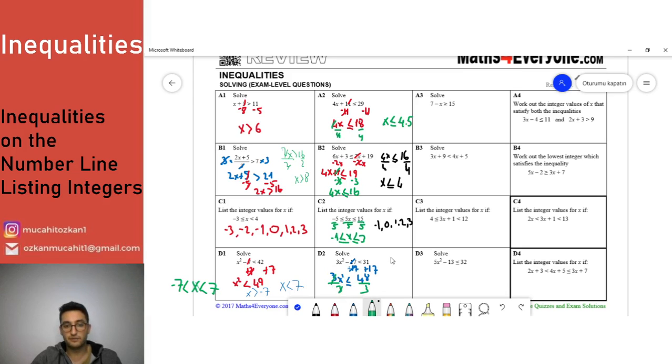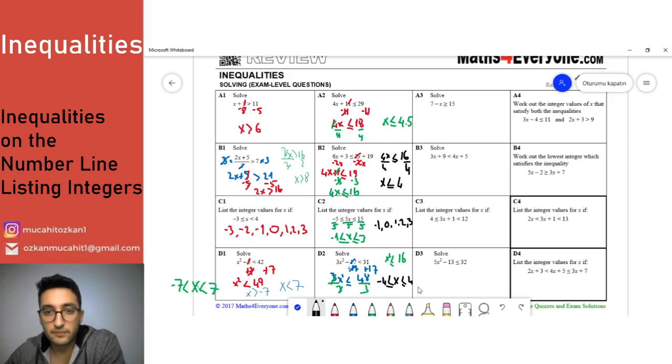X squared is less than or equal to 48 divided by 3, which is 16. And if you take the square root of both sides, you will get 4. But x has to be between 4 and negative 4. Whatever that sign is, you need to use it right here.